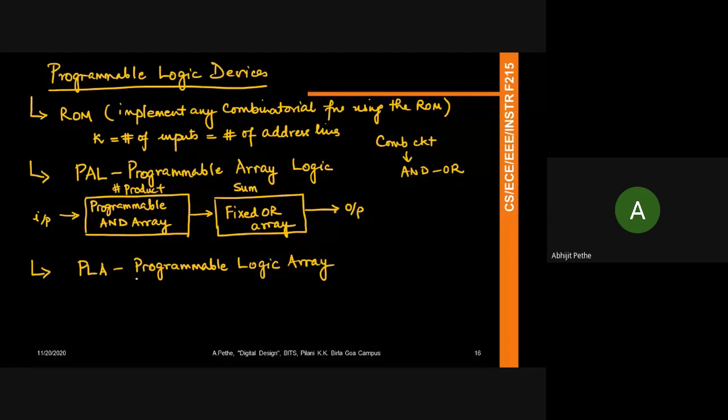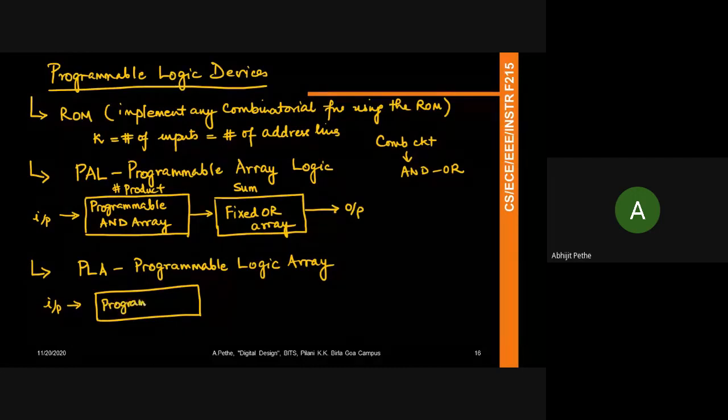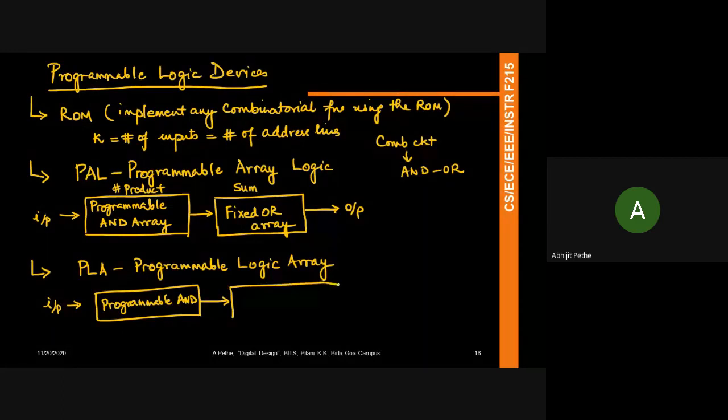The other one which gives you more flexibility is the PLA, which has both programmable circuits. You have a programmable AND network in series with a programmable OR network. This gives you maximum functionality or maximum flexibility in design.